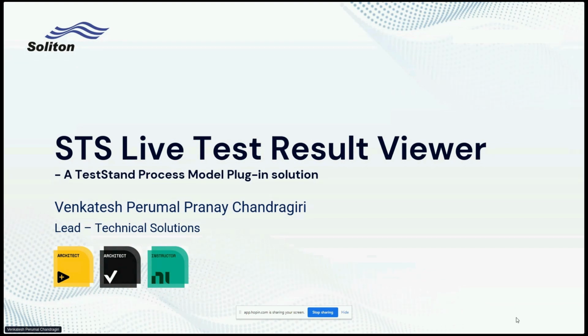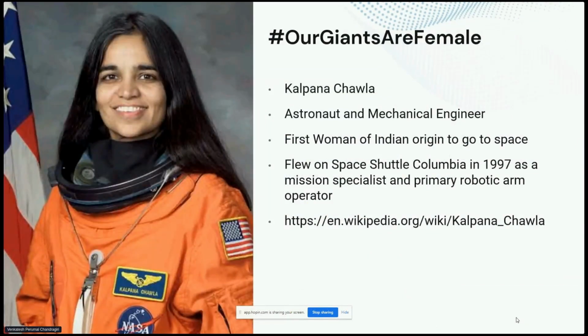Before we get started, I'll take a couple of minutes to talk about one of our giants, our female giant. I'm talking about Kalpana Chawla. Kalpana Chawla was an astronaut and a mechanical engineer, and was one of the first women of Indian origin to go into space, standing as a role model for many people to look into space and give priority to education.